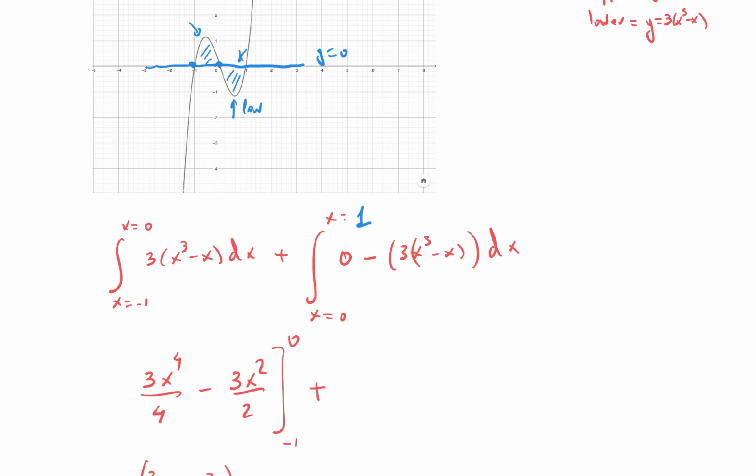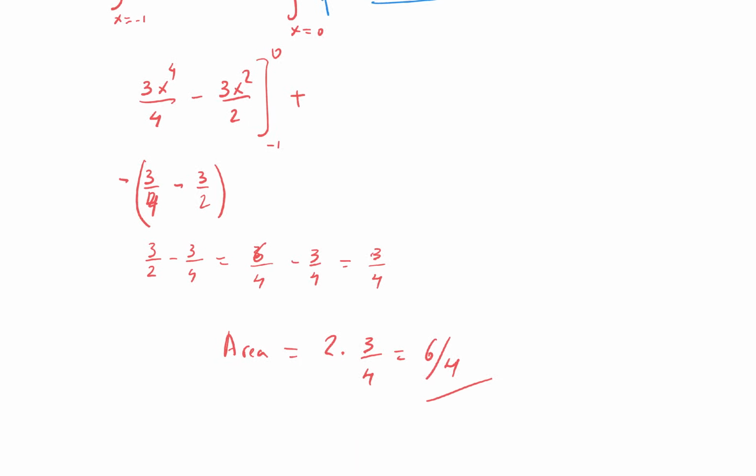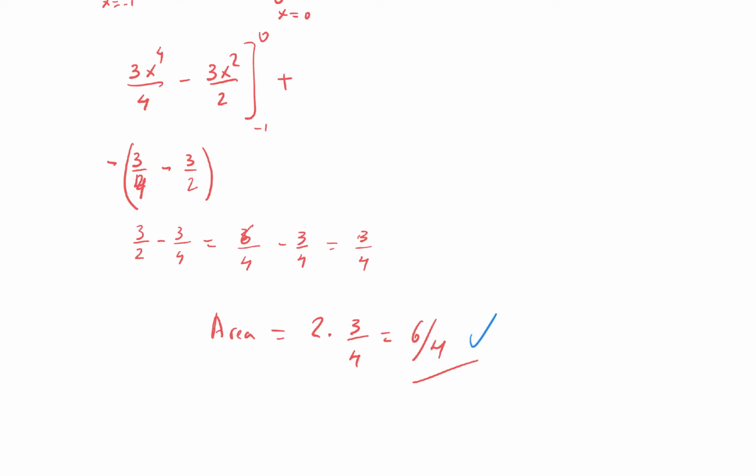I can see that it's a 1 here. So it is the upper curve, y equals 0, minus the lower curve. Doing this integral and evaluating is easy. I think that the total answer is 6/4. Okay, 3/2.